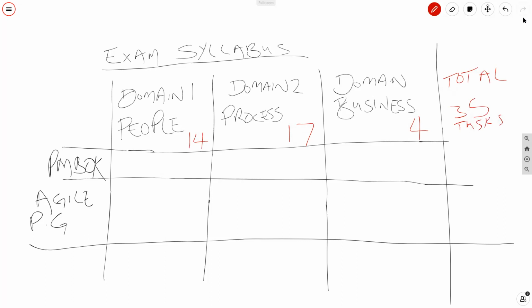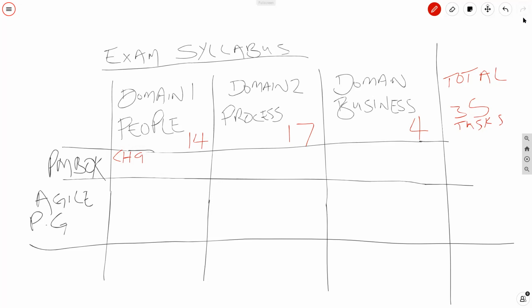Many of the tasks in the people domain map directly back to chapter 9, which is about resources. But remember, when we say resources, we're talking about people, equipment, supplies, facilities. So the people domain has ties to chapter 9.